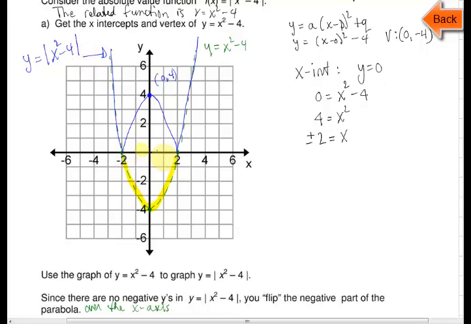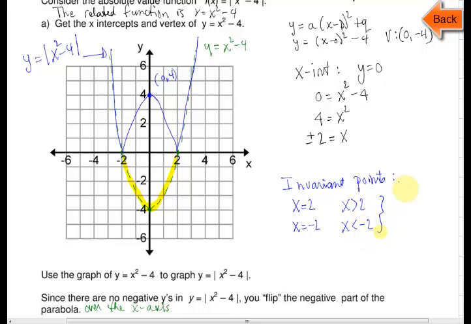Okay, so let's take a look at invariant points here. Okay, in other words, which points did not move? Okay, well, our x-intercepts didn't move, so x equals 2 and x equals negative 2. And then everything which is to the right of 2, so greater than 2, and everything which is to the left of negative 2, so that means less than negative 2.